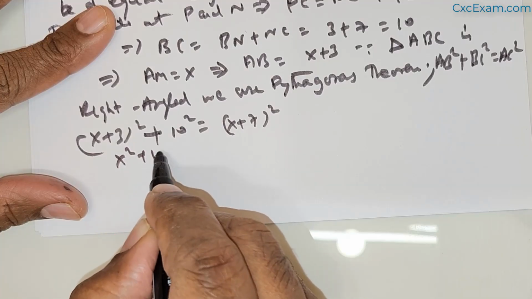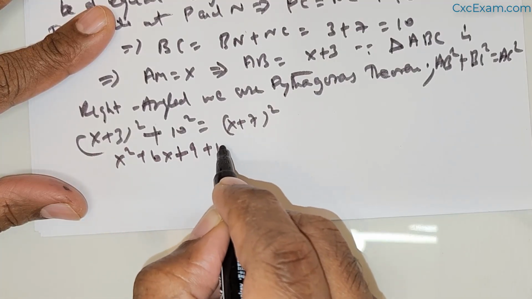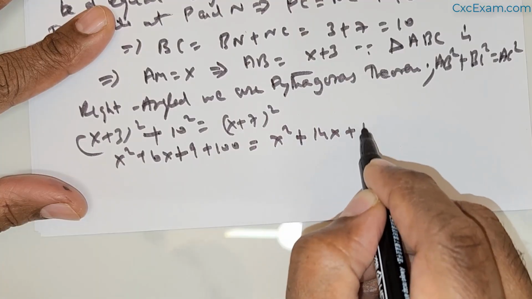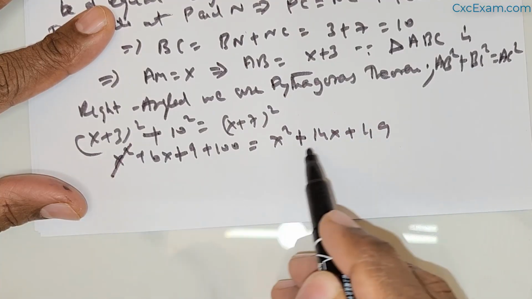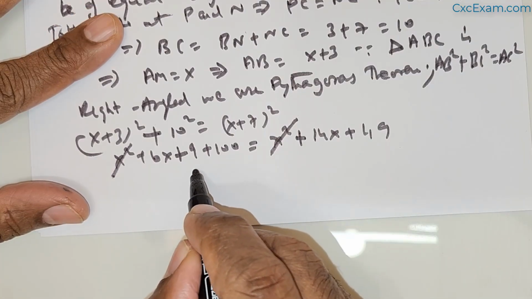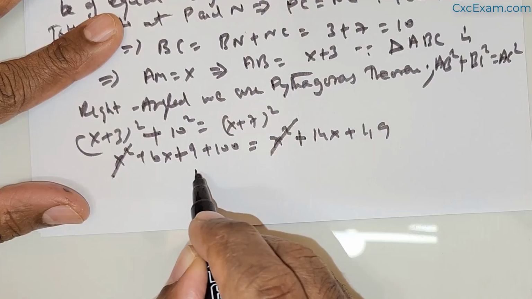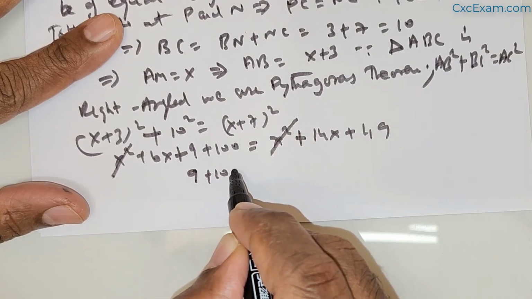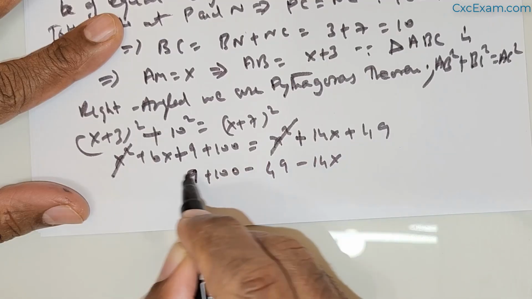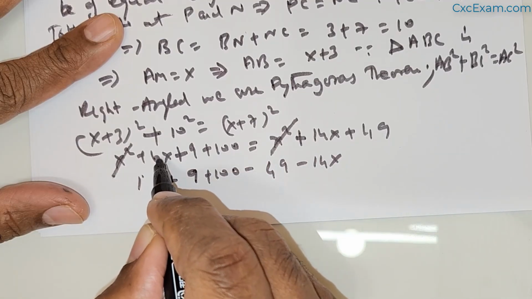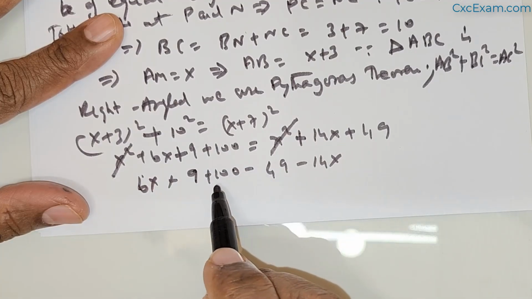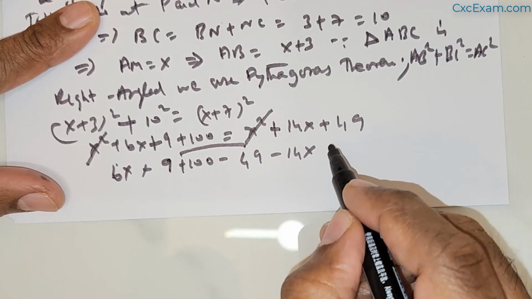So this is x squared plus 6x plus 9 plus 100 is equal to x squared plus 14x plus 49. x squared gets cancelled away. You bring everything to this side, you get 9 plus 100 minus 49 minus 14x plus 6x. So I can add 9 with 49.